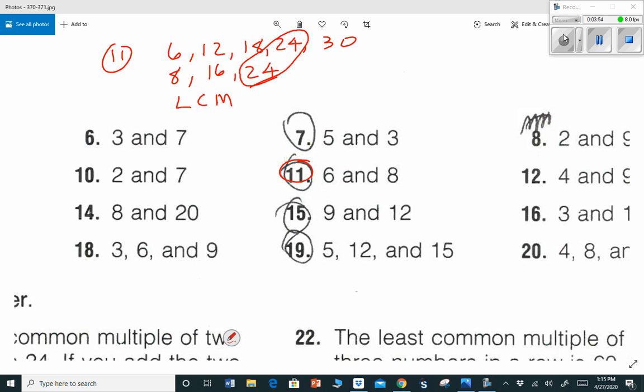So the LCM of 6 and 8 is 24. And the reason I picked that one is because it turns out that it is not 6 times 8. 6 times 8 is 48, but the LCM is 24, okay? And notice that that is less than 48. It did not go over 48.